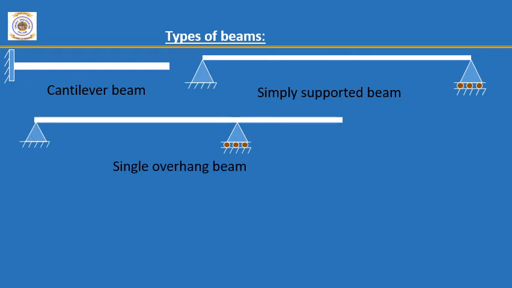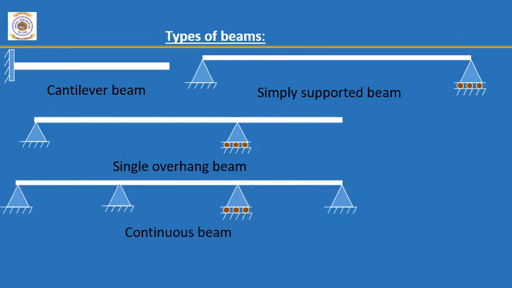Next one, single overhanging beam. Here we can see the beam is continuing after the support. Two supports are provided and the beam is still continuing after the support. If the end portion of the beam is extended beyond the support, as we can see in the figure, we call such beams overhanging beams.